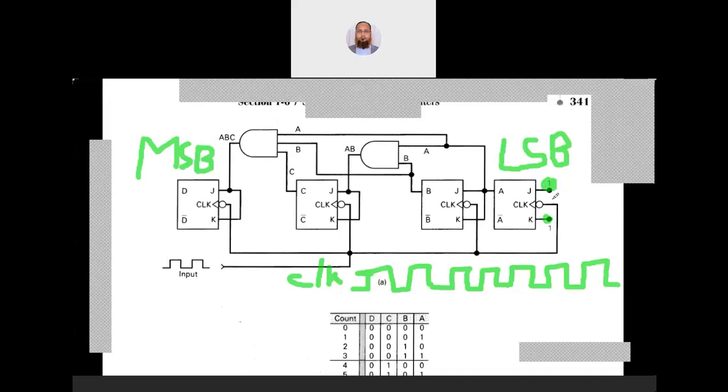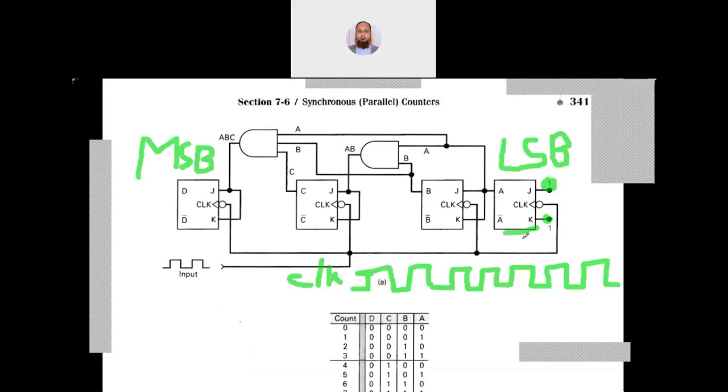So what is the meaning of that? It acts as a T flip-flop, where both the inputs are connected together and connected to 1, so it acts as a toggle flip-flop.